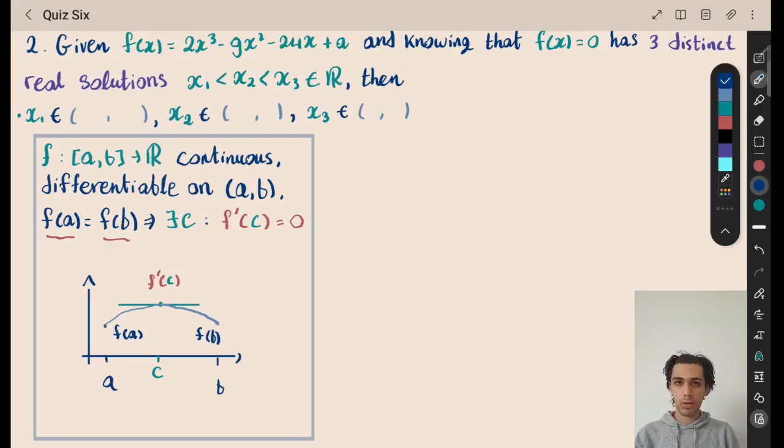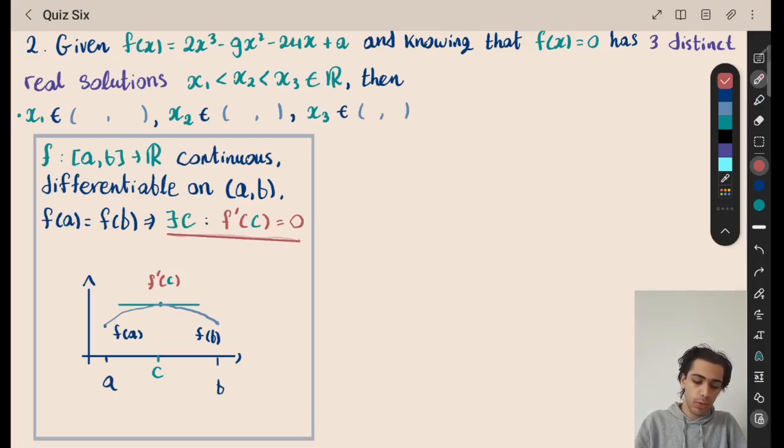But then how do we use this? Well, here's the idea. If we find the derivative, we set it to be equal to 0, and we know that this function is continuous. It's continuous because it's an addition of continuous functions, all of these. And so we know that if the derivative is equal to 0, then this is implied by this fact.